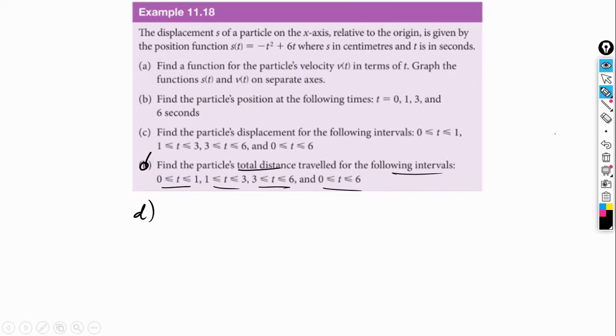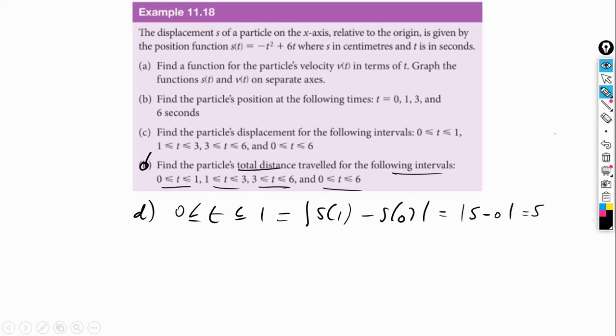Now, if we want to calculate the distance between 0 and 1 second, the distance traveled would equal the absolute value of the difference in position. That would be S of 1 minus S of 0, or the absolute value of that, I should say. So it's going to be the absolute value of 5 minus 0, and that's just 5 centimeters.